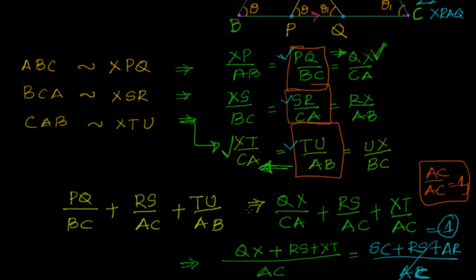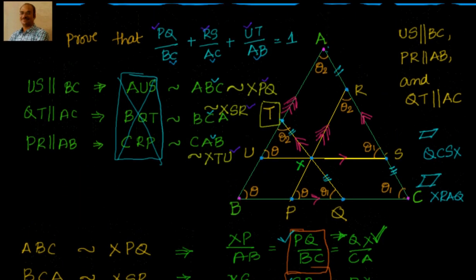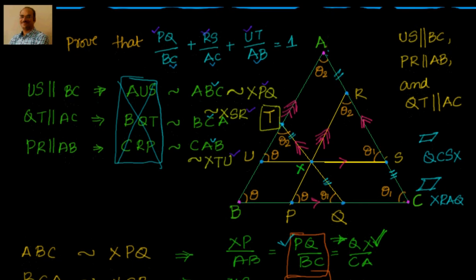Now we want to convert this into one denominator. It can be AC or BC or AB. So we have leveraged whatever information we have and converted them into a denominator of AC, and we have seen that there are a couple of parallelograms which really helped us to solve it and make it AC by AC equal to 1.